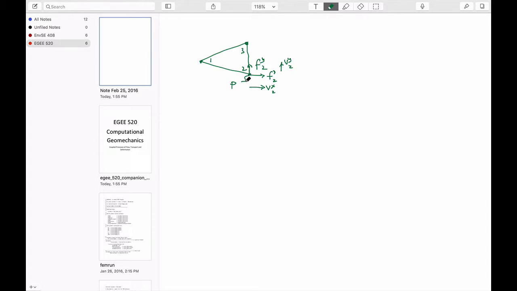So we have pressures and velocities: one pressure, two velocities. I was going to forget about the forces for now. And so we have each of these three degrees of freedom per node.